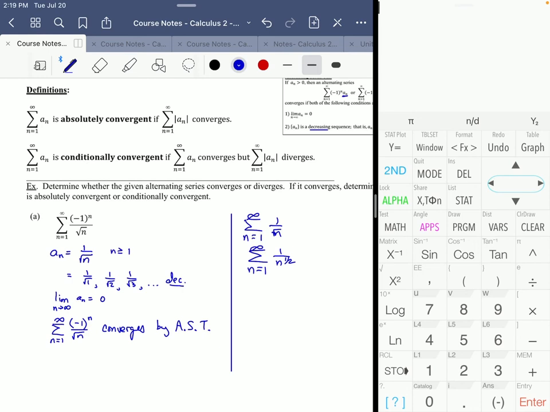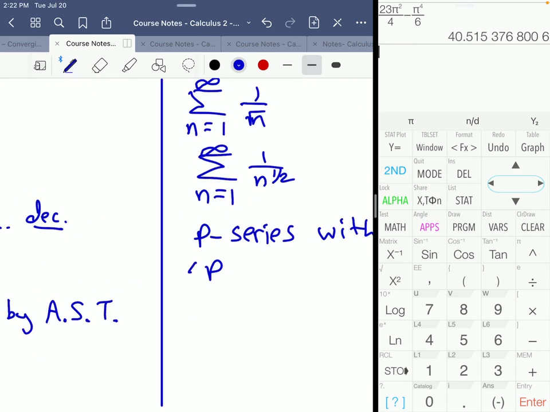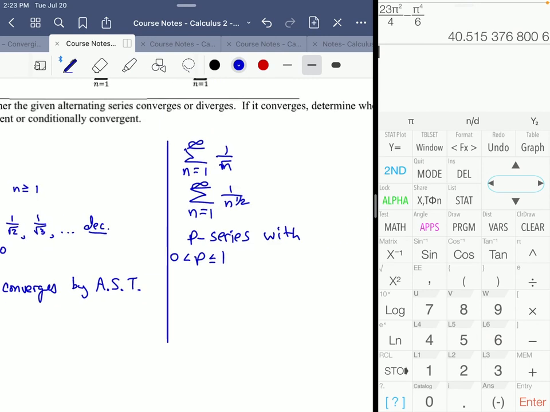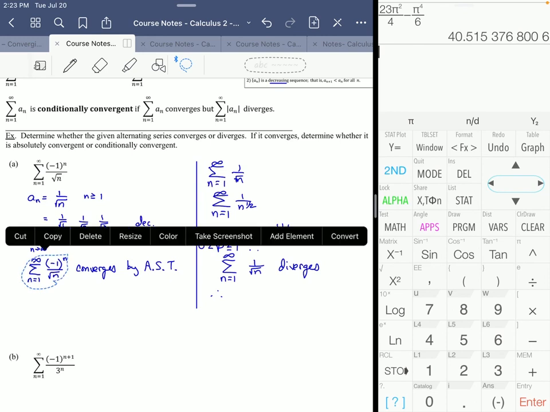We have a p-series with p between 0 and 1 inclusive. Therefore, the sum from n equals 1 to infinity of 1 over the square root of n diverges. So the given alternating series is conditionally convergent.